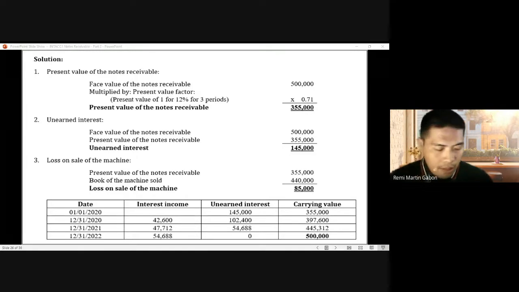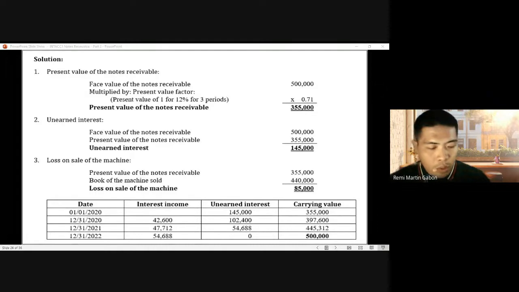Okay? Then 397,600 multiply ka ulit ng 12%, lalabas ay 47,712. Then minus ka ulit doon sa 102,400, lalabas ang 54,688. Okay? You could either do it as 397,600 plus 47,712, lalabas si 445,312.